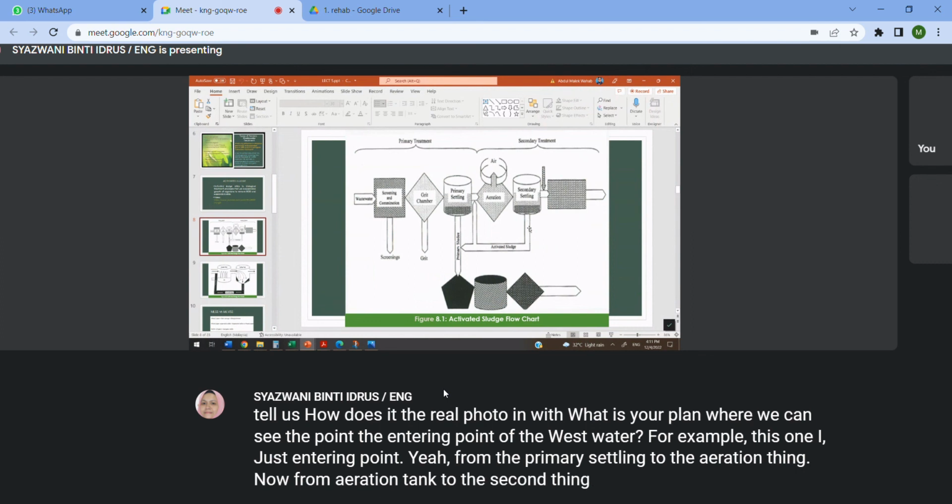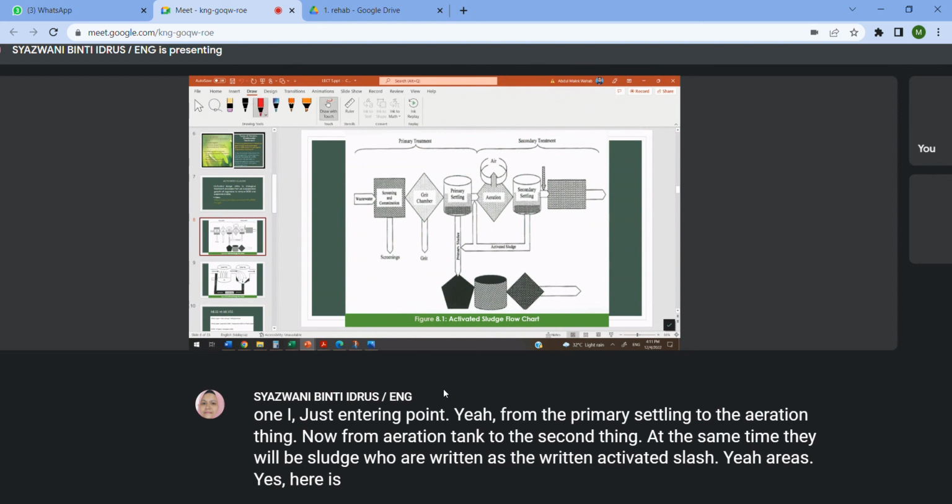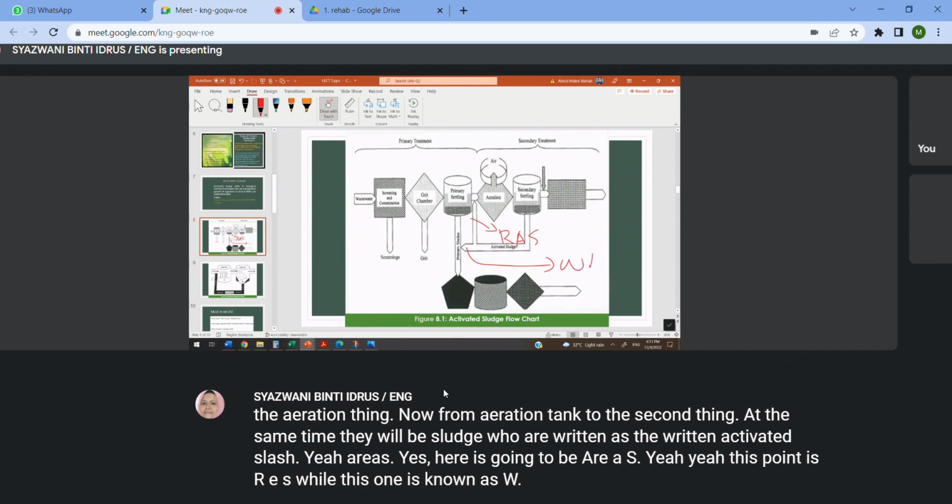At the same time, there will be sludge that is returned, known as the return activated sludge, RAS. This point is RAS, while this one is known as WAS.